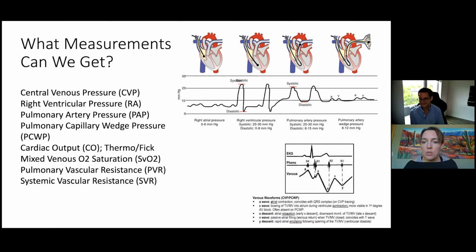One question that I would ask Dimitri is that one of the things that we would measure in this patient is the mixed venous oxygen saturation. Do you have experience getting a mixed venous oxygen saturation from a patient, either in the cath lab or the ICU?